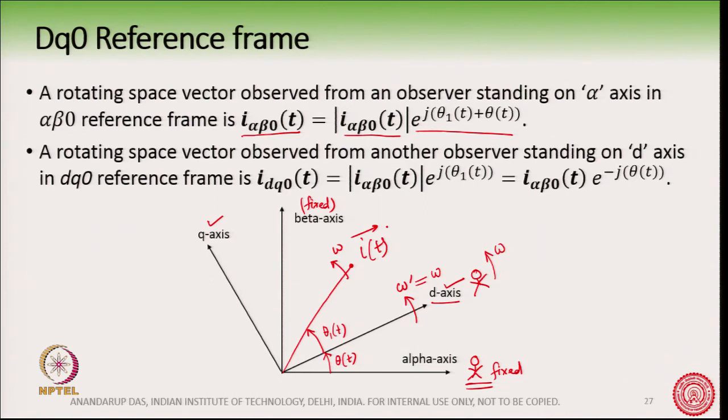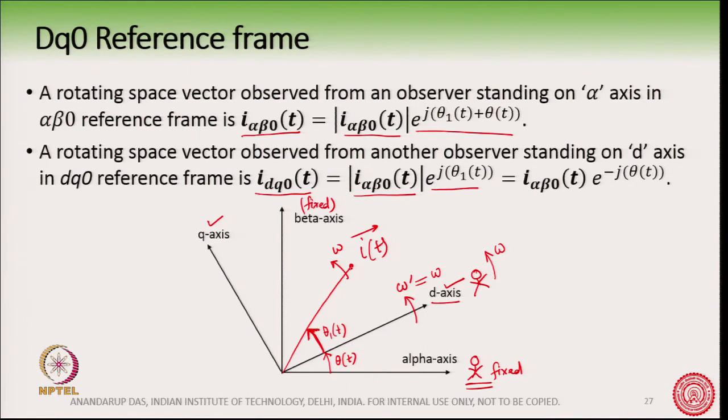So, you are observing the space vector with respect to your axis, that is the dq0 axis, then what will you see? You will see the space vector having the same amplitude, but now e to the power j theta 1, because this angle here is e to the power j theta 1.